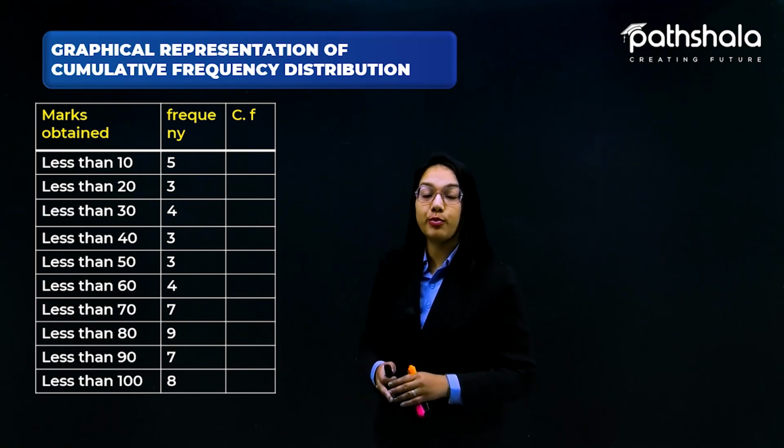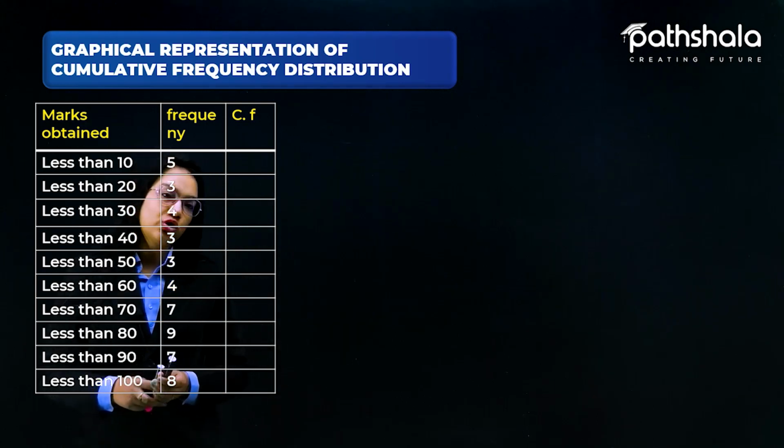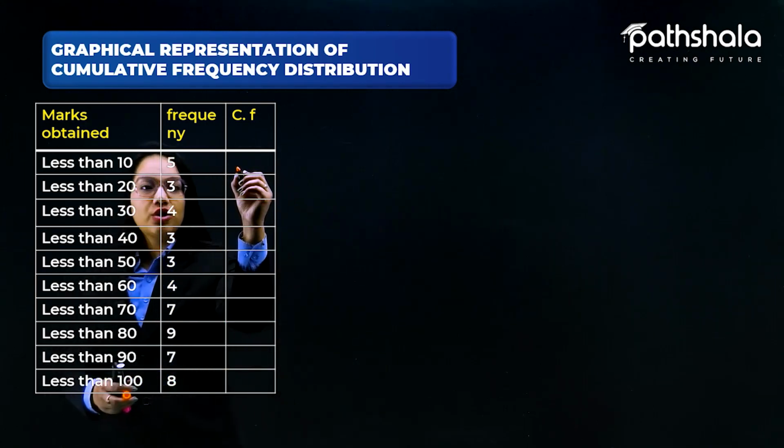But before that, let me write out the cumulative frequency of this particular distribution. First of all, 5 would remain as it is, so this would be 5.